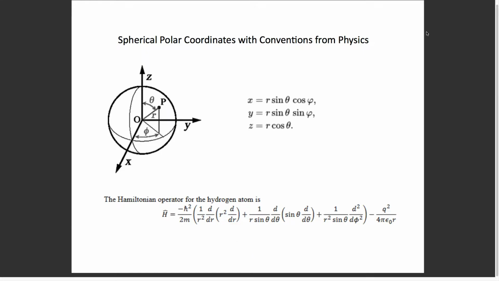is that because the atom is roughly spherical, it's most convenient to work in spherical polar coordinates rather than in Cartesian coordinates. So if you're not familiar with spherical polar coordinates, there are three variables necessary to define a point in three-dimensional space, but instead of an x, y, and z component, we have r, which is the distance of the point from the origin, which is the center of the nucleus, theta, which is the angle between the positive z-axis and the line segment connecting the origin to the point, and then phi, which is the angle between the positive y-axis and the perpendicular.